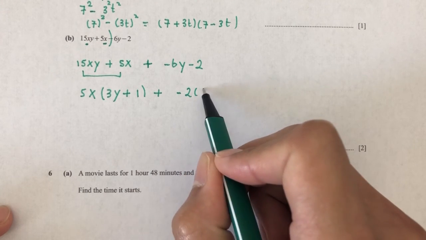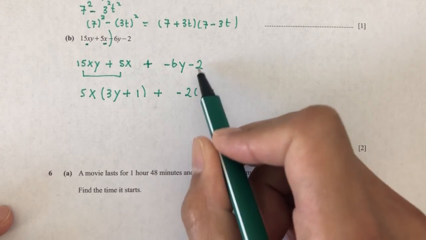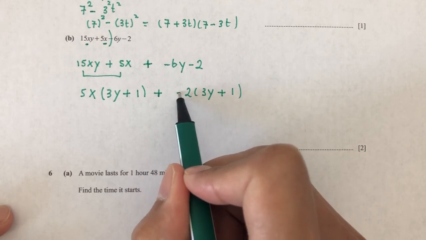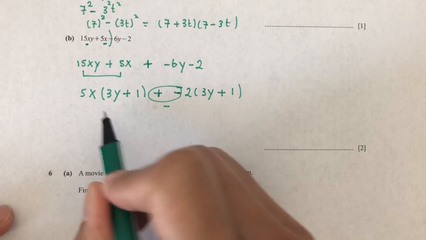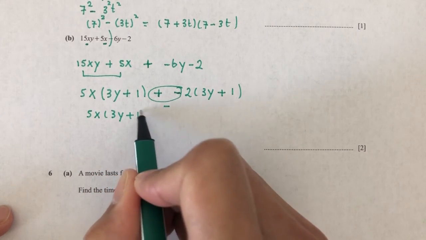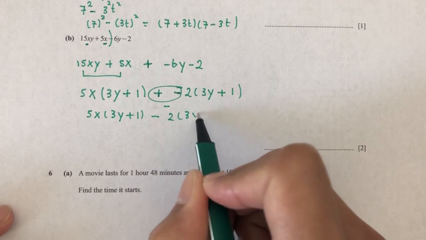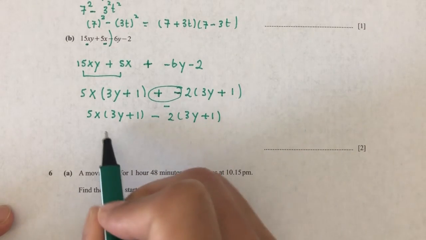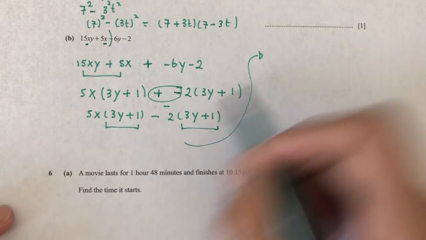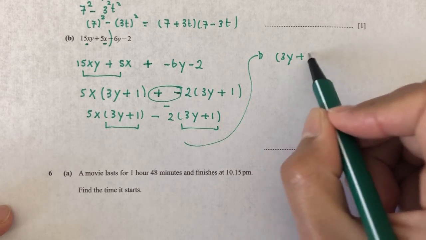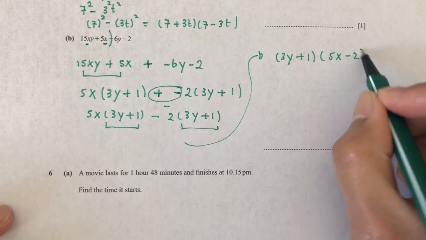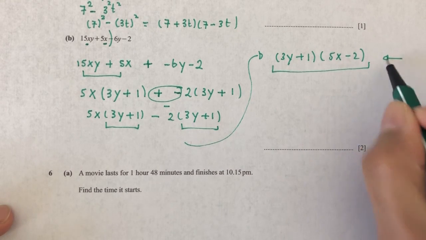We take out minus 2, with 3y plus 1 remaining. So now we have 5x(3y plus 1) minus 2(3y plus 1). We see these two brackets are the same, so we can take it out. We will have (3y plus 1), and what's remaining is 5x minus 2. So this is your answer for part B.